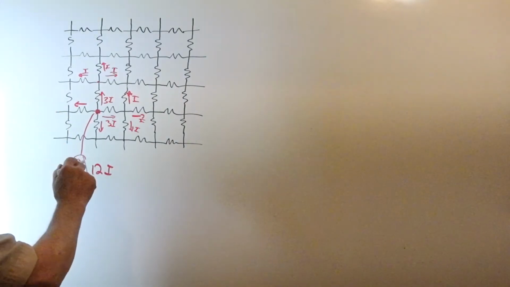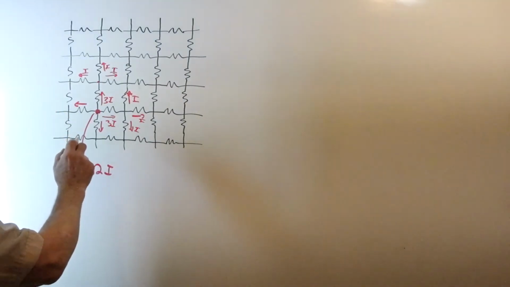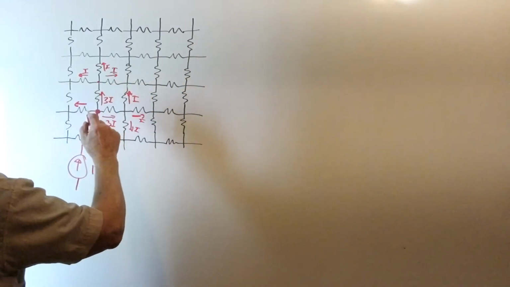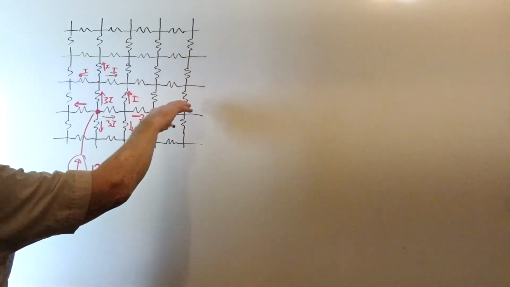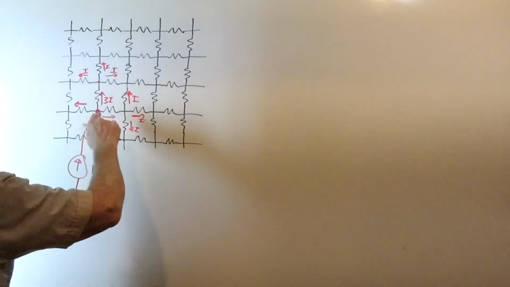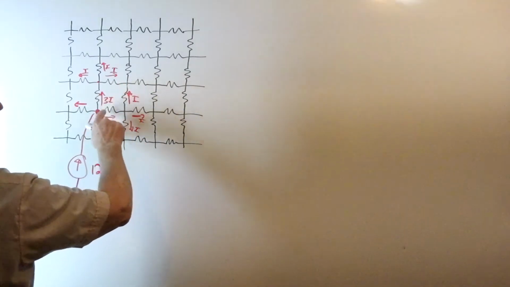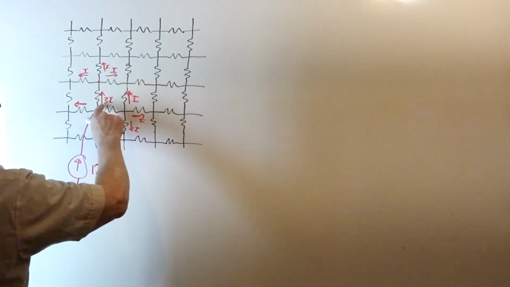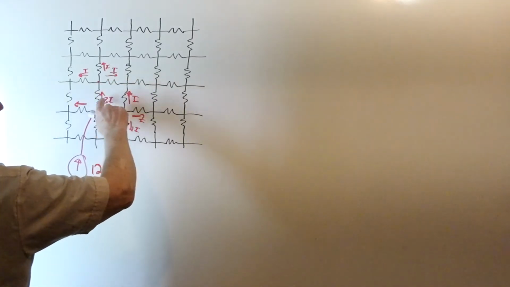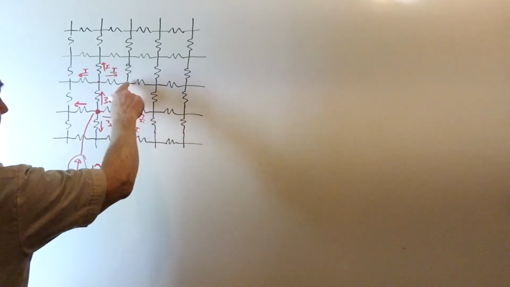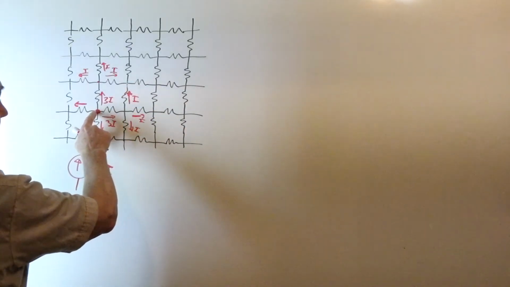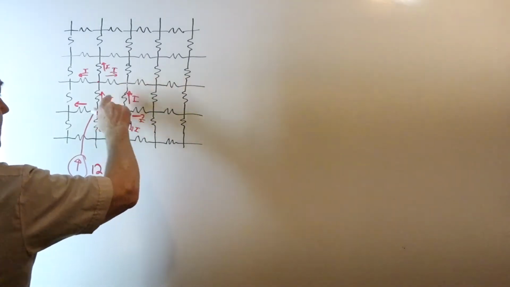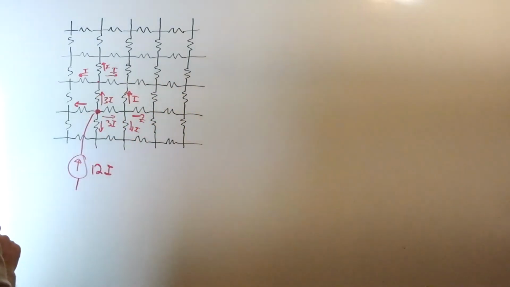Now, with Kirchhoff's voltage law, we can see that it's satisfied in this particular loop. Each one of these resistors has value R, so the voltage going from this node to this node will be 3I times R plus I times R, or 4I times R between here and here. And if we go around this way, we get the same value. We have 3I times R plus I times R, or 4I times R from here to here. So Kirchhoff's voltage law is satisfied there.